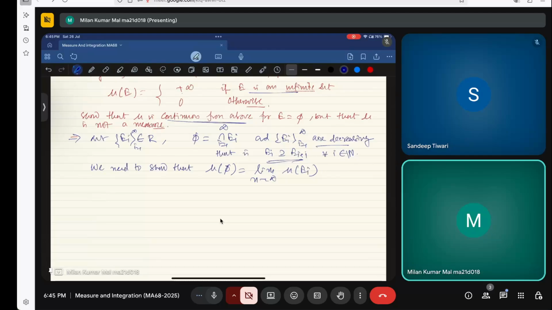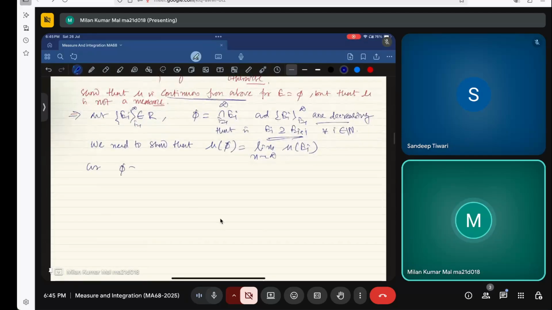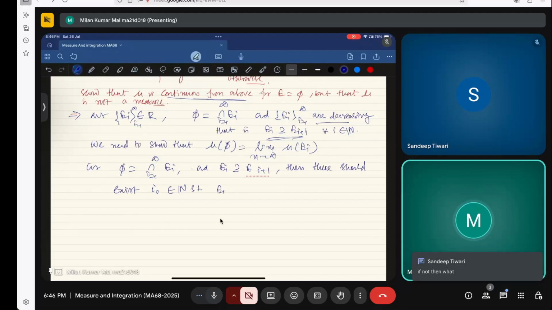As phi is the empty set, which equals the intersection over i equals 1 to infinity of EI, and EI is a superset of EI plus 1, therefore there should exist I naught belonging to the natural numbers such that E I naught is finite.